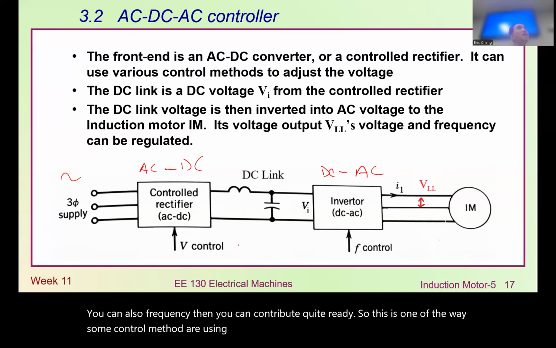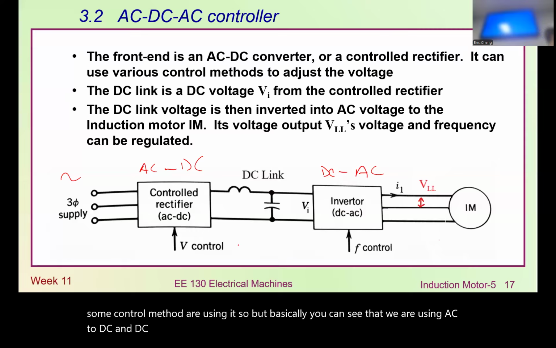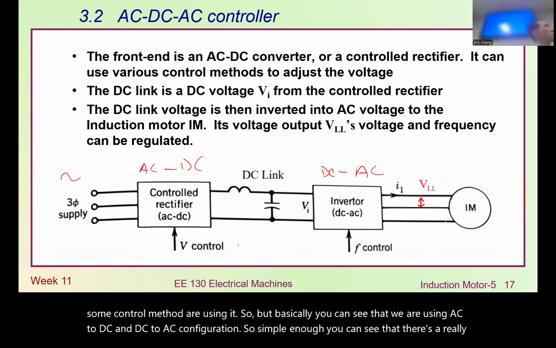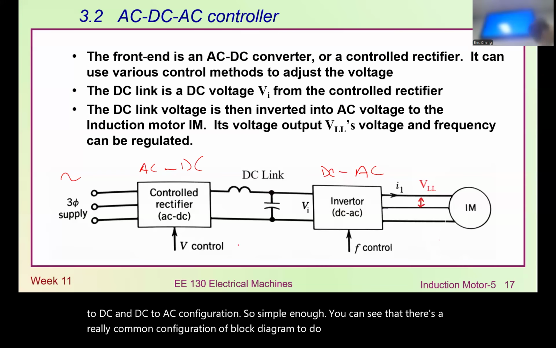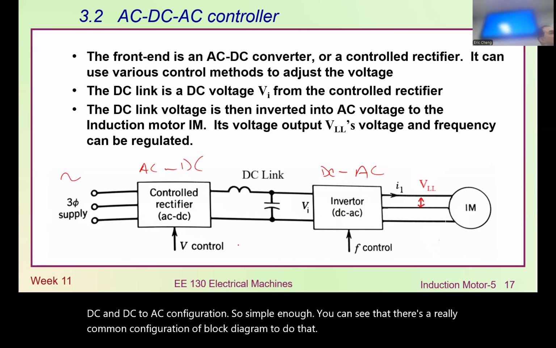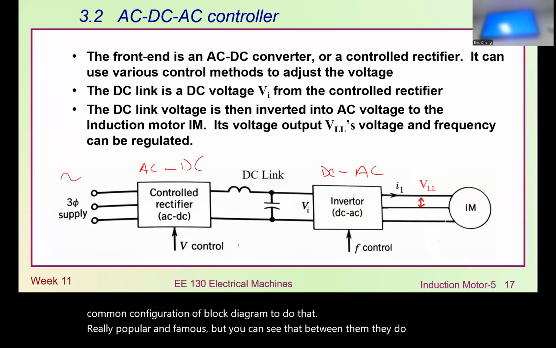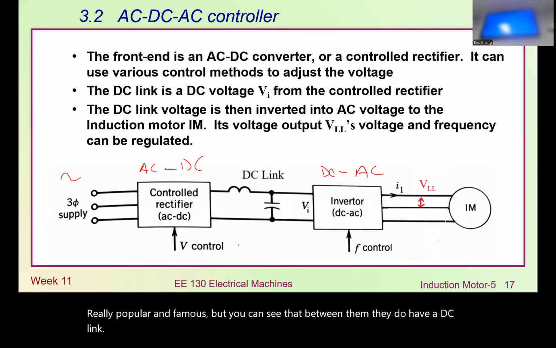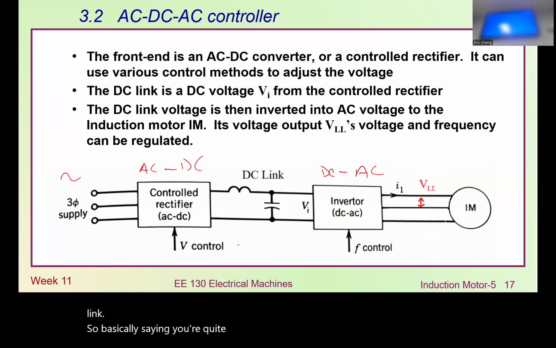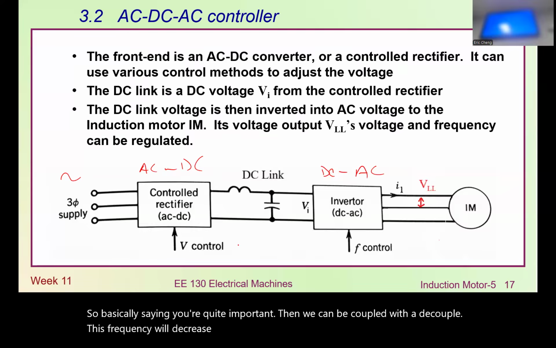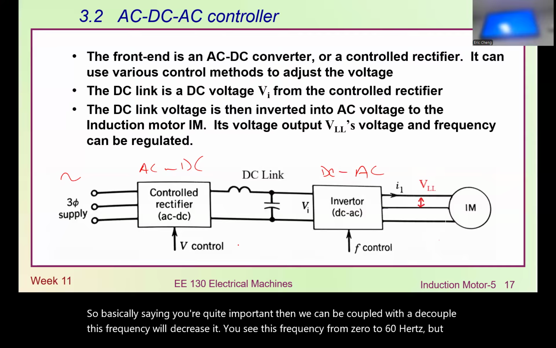But basically, you can see that we are using an AC to DC and DC to AC configuration. It's simple enough, a really common configuration and block diagram, really popular and famous. But you can see that between them, we do have a DC link. This DC link is quite important, because then we can decouple this frequency from that frequency. You see, this frequency goes from 0 to 60 Hz, but that frequency is 60 Hz.